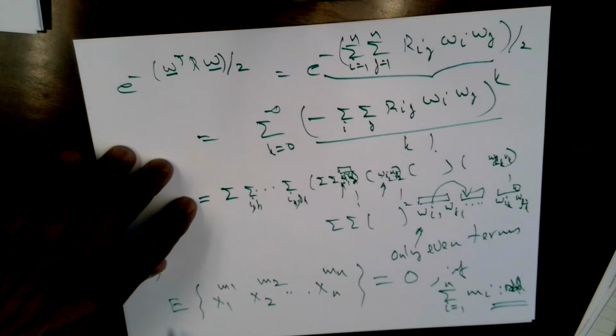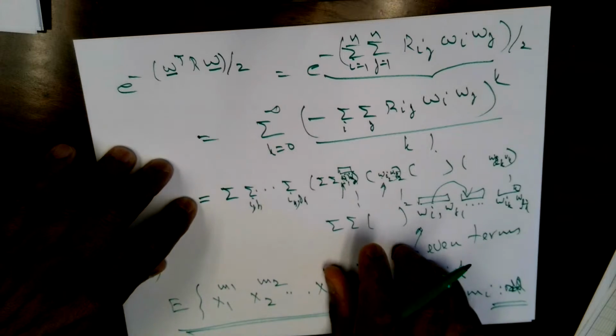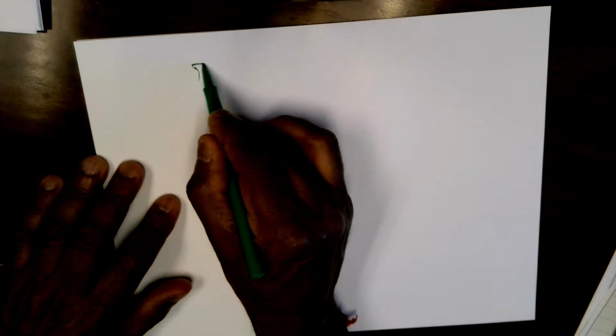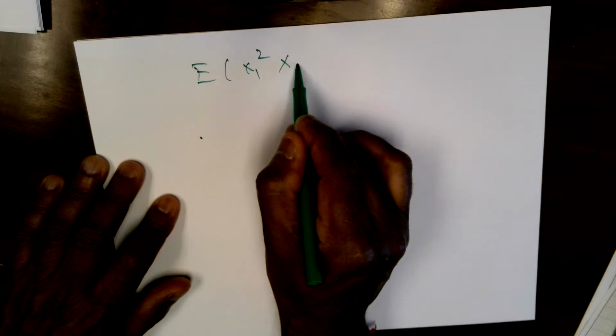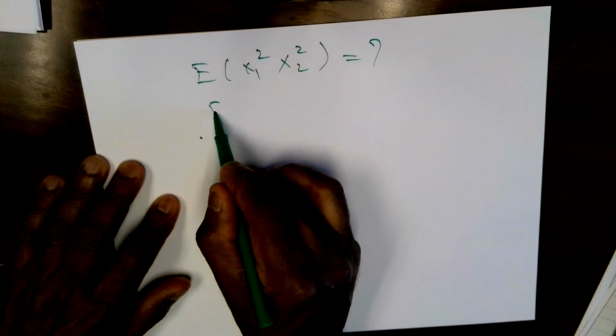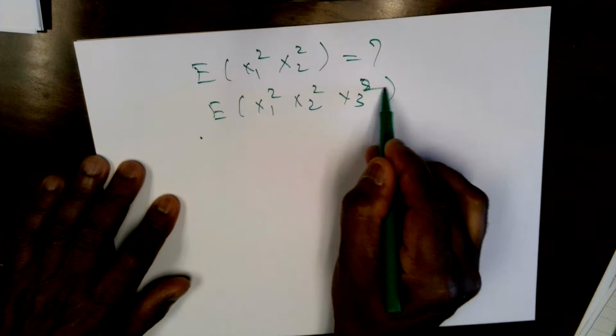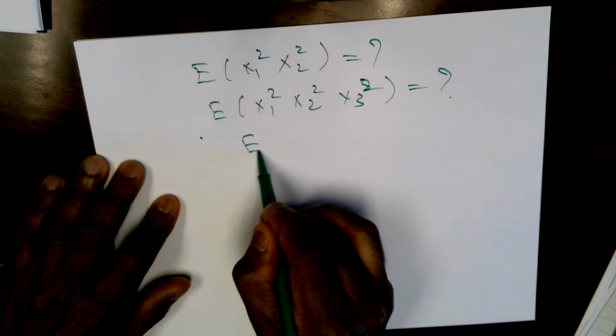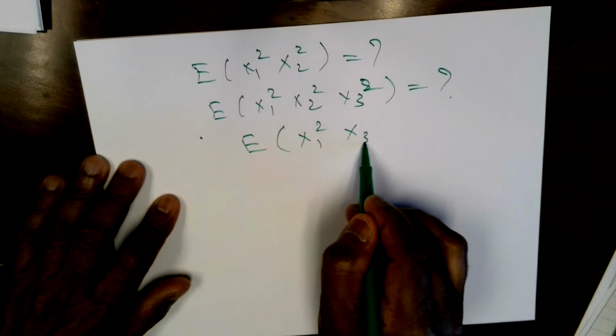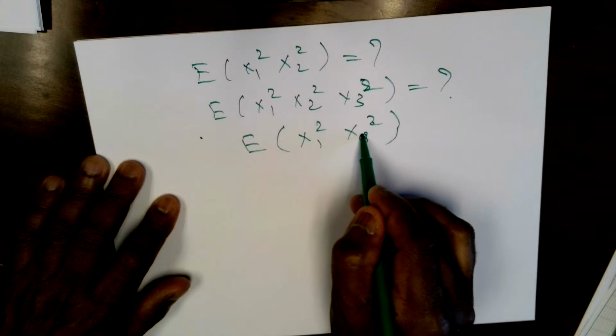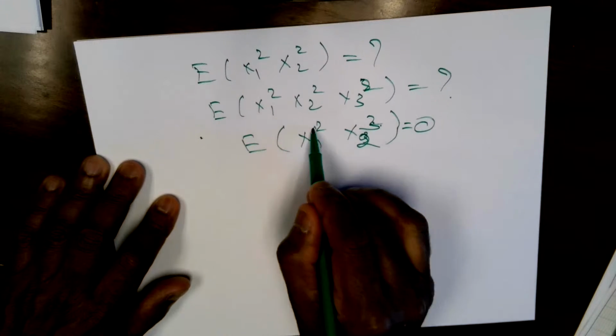So that's that. Now let's look at the cases where that's not the case. In other words, let's say we want to compute x1 squared, x2 squared, in a 3 random variable case, etc. So we know x1 squared, x3 squared, x2 cubed would be 0 because 3 plus 2 is 5.